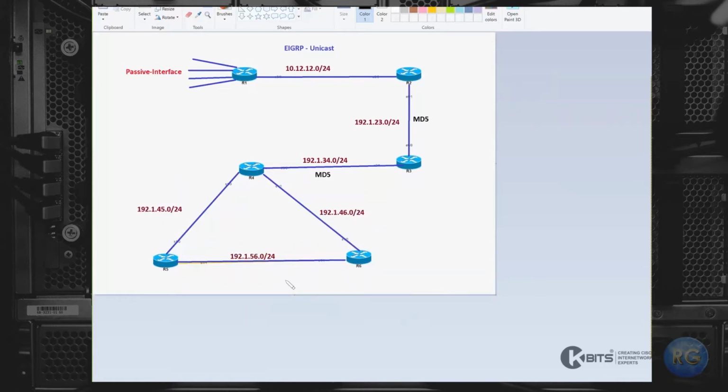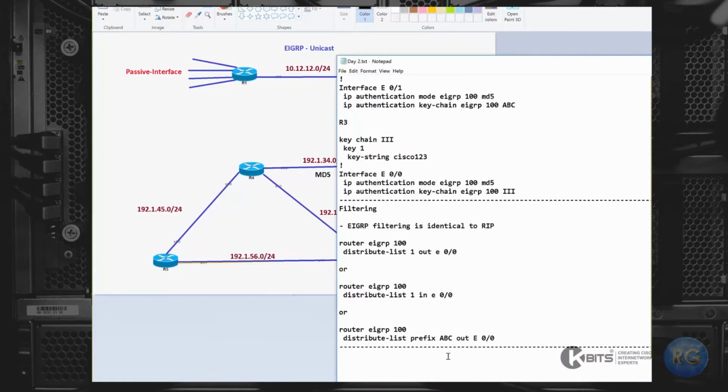The metric calculation formula that you have for EIGRP, and let me write it down and then we'll do it. It's a long drawn out formula, but the one that you need to care about, forget the rest, is this.